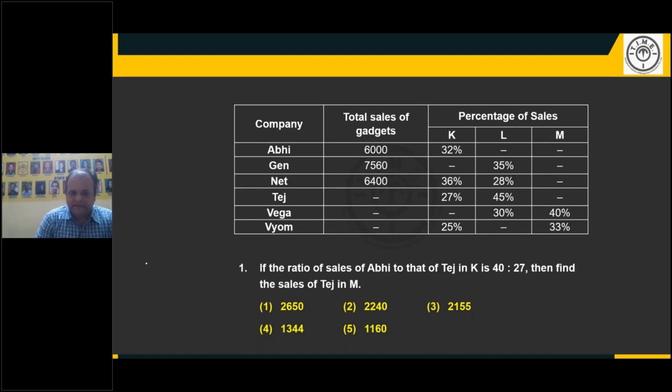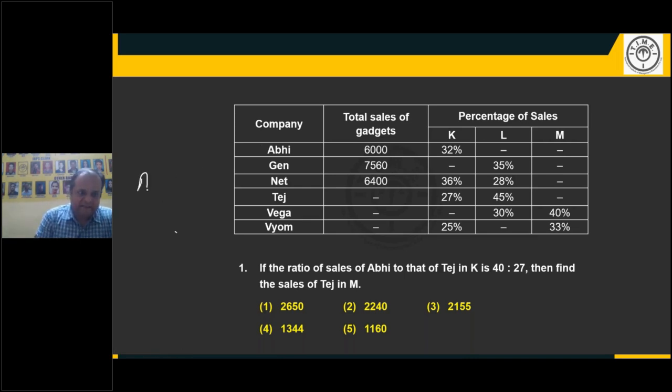You have to find the sales of Tej in M. Any answers? How would we go about this?